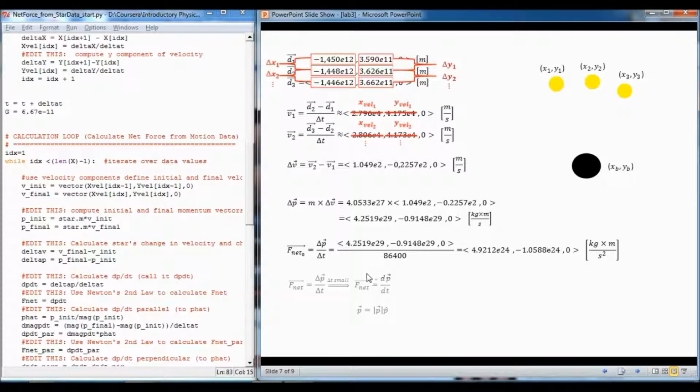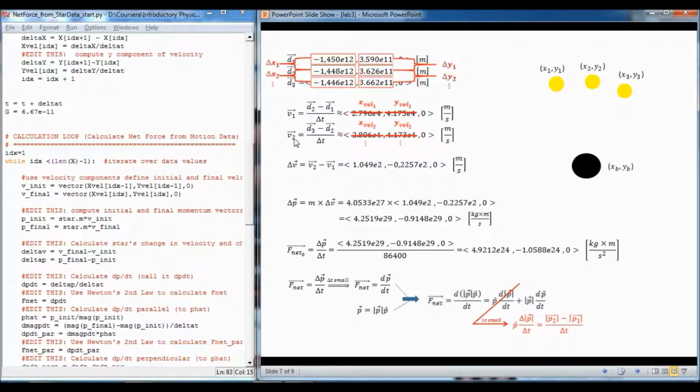Let's do some more physics. I assume that delta t is small, so F net is given from this form. Momentum is given from this equation. If I combine these two equations, I get this form for F net. Again, I assume delta t small, so this part is transformed to this form.